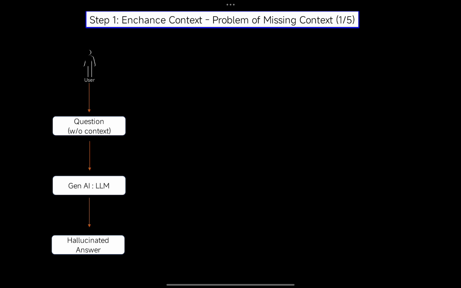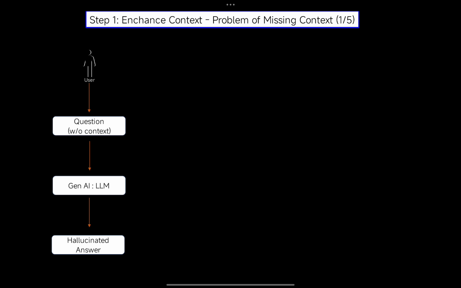The other one is the knowledge cutoff date. The training data I've talked about generally has a knowledge cutoff. Beyond that date, the model may not be aware of whatever is happening in the world. So in these two cases, the model will generate a hallucinated answer.